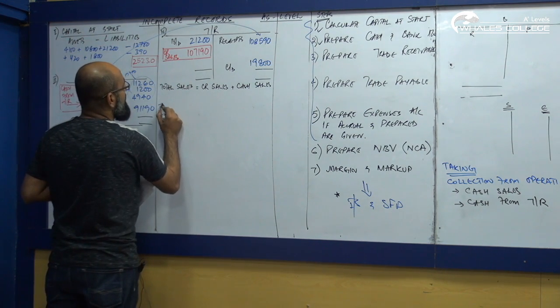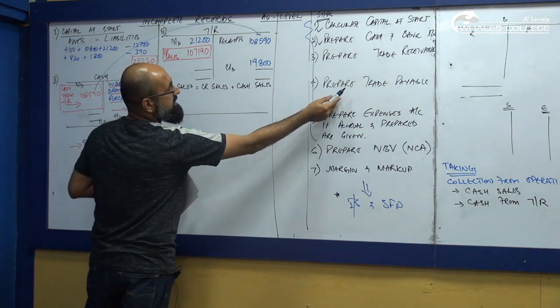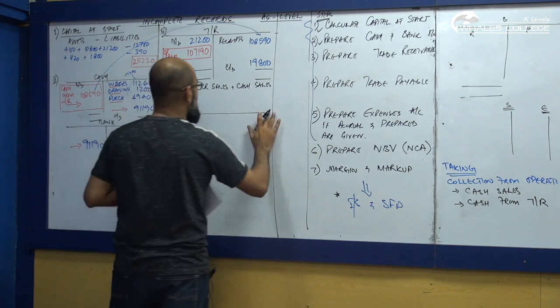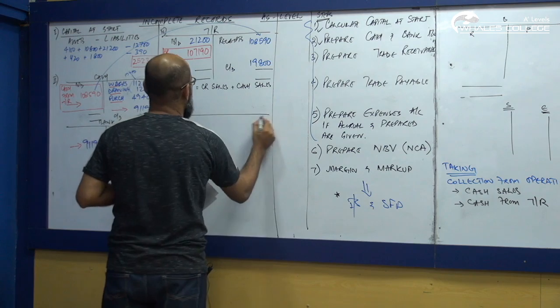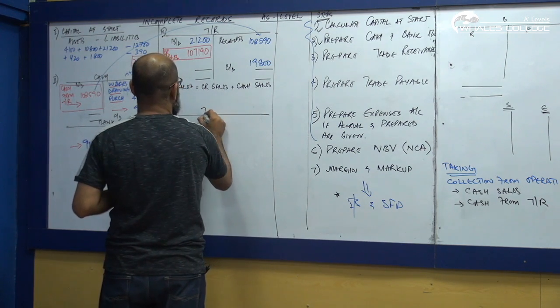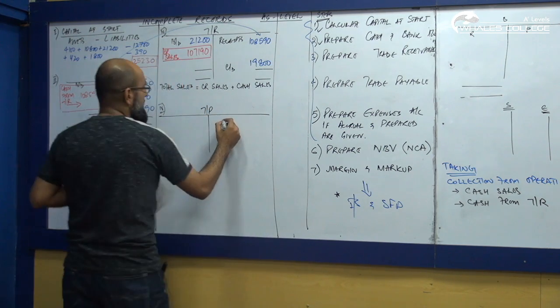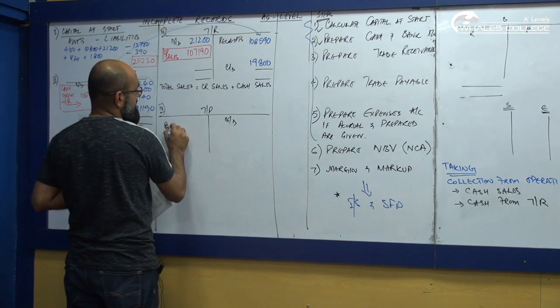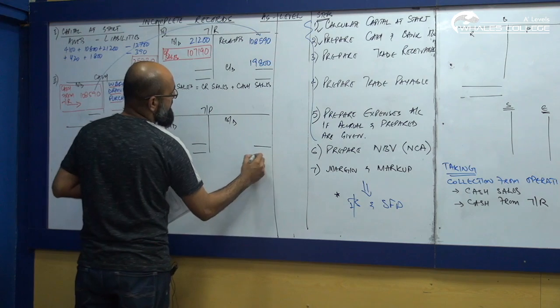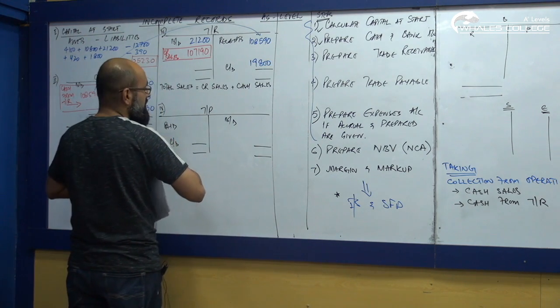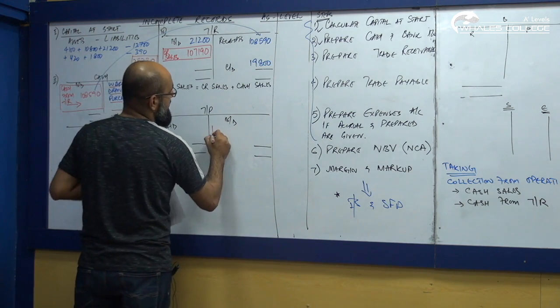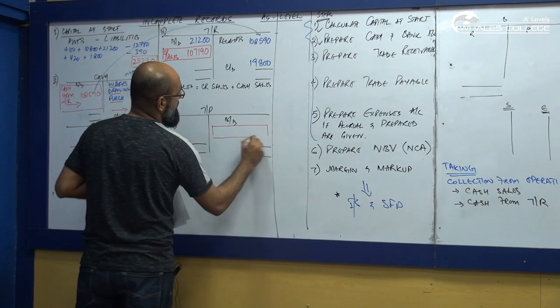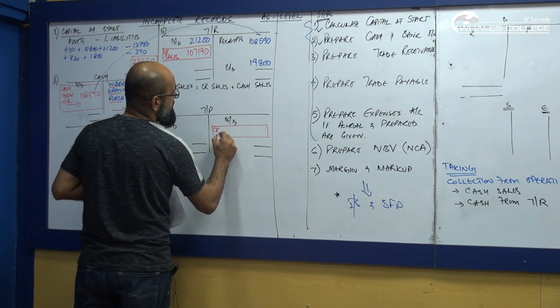Now step number 4. Step number 4 is prepare trade payables. Balance brought down is the liability, balance carried down, amount paid. Then again, add the greater side, subtract the shorter side. You will get your missing figure, and the missing figure of trade payables is credit purchases.